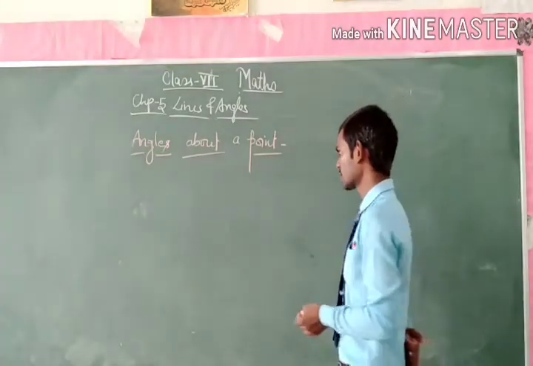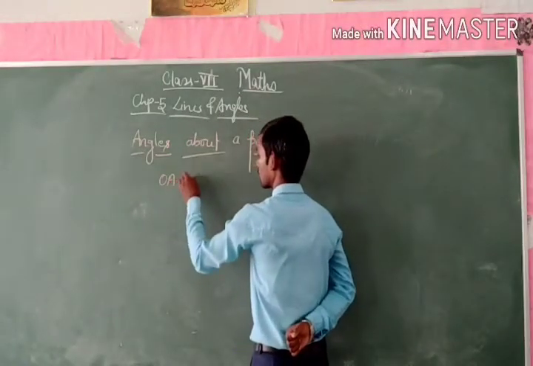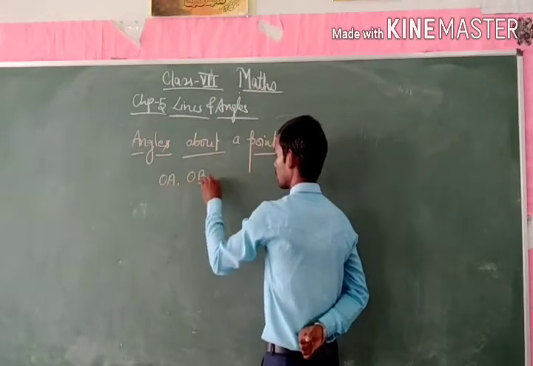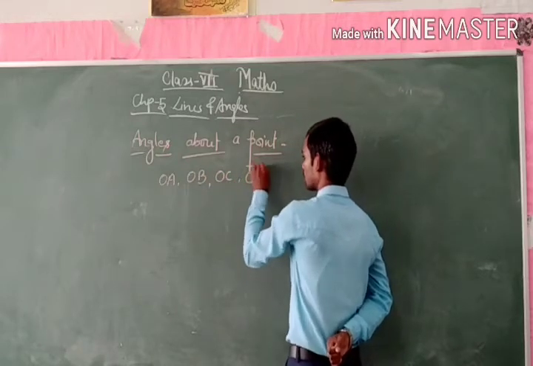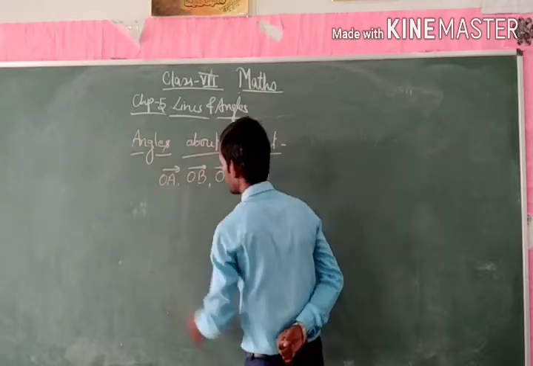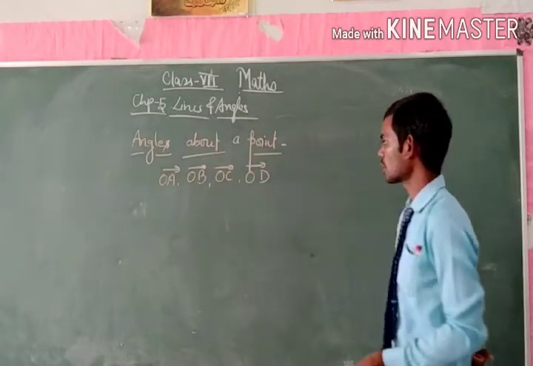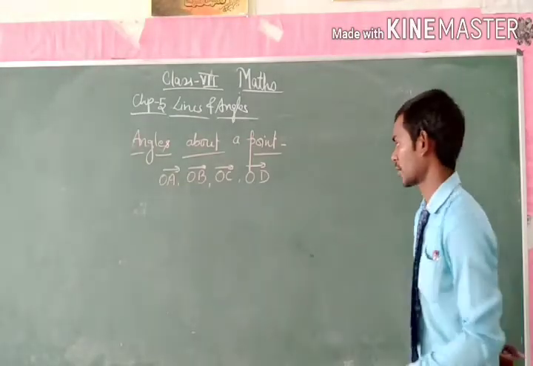So let us consider rays OA, OB, OC and OD. These are the four rays that we have, and all these rays have the same end point.